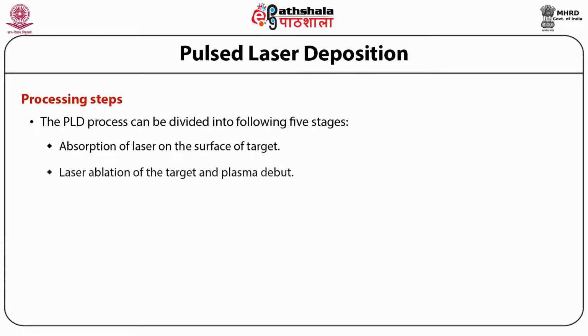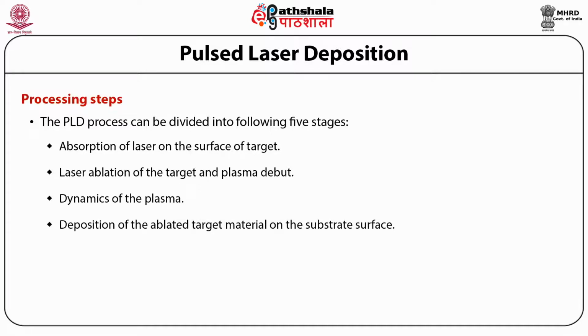Second, laser ablation of the target and plasma debut. Third, dynamics of the plasma. Fourth, deposition of the ablated target material on the surface of the substrate. Lastly, nucleation and growth of the film on the surface of substrate.